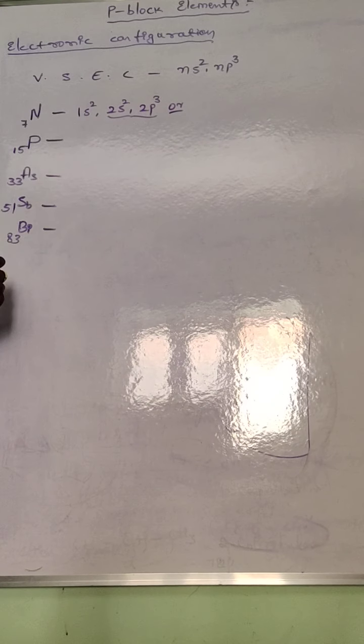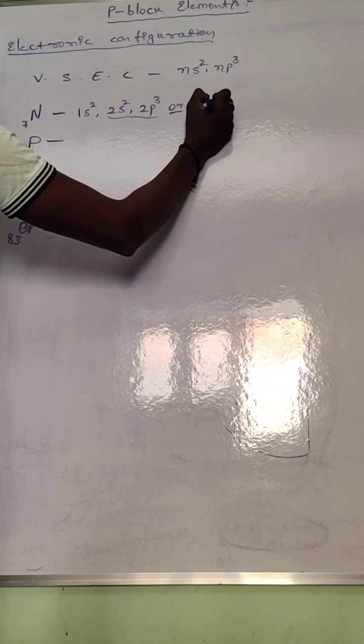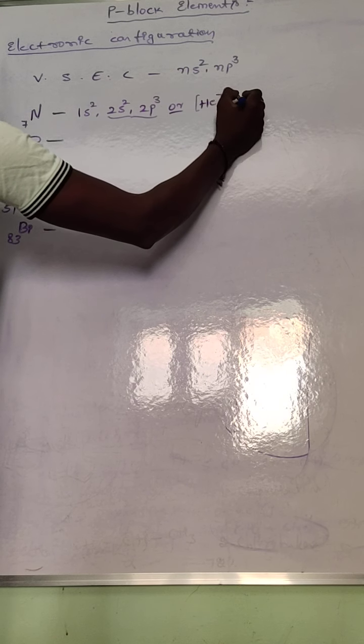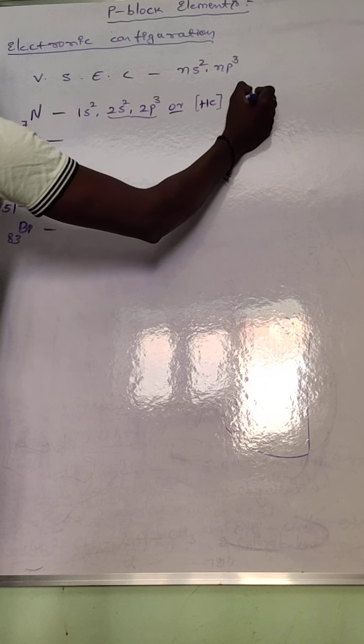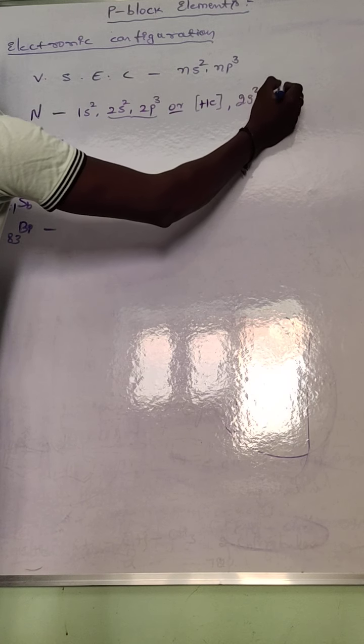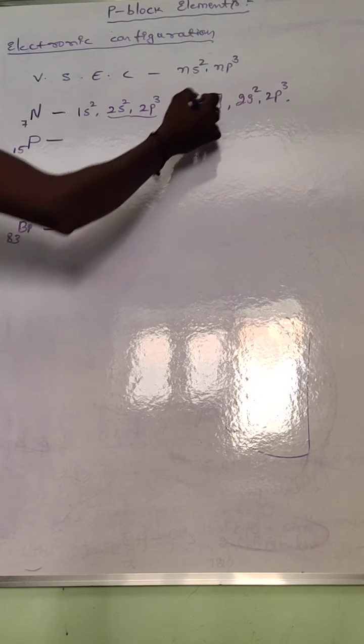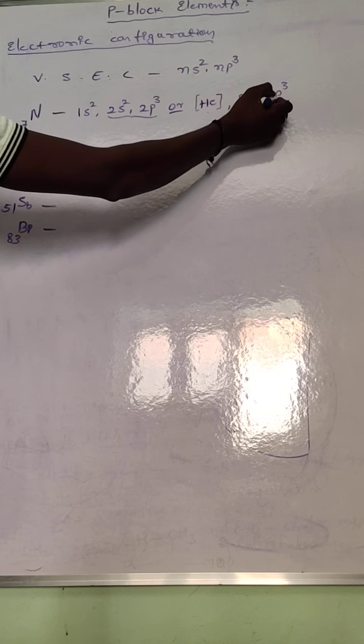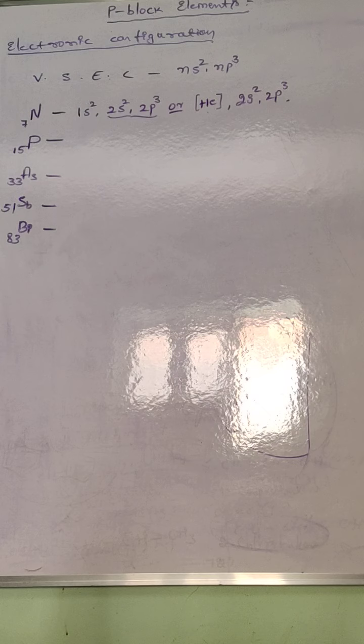One more way to mention the electronic configuration is using the noble gas. For nitrogen: helium, 2s2 2p3, with outer shell electronic configuration ns2 np3. This method is also used to indicate the electronic configuration of these elements.